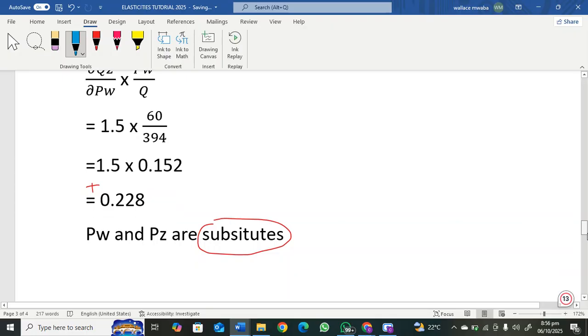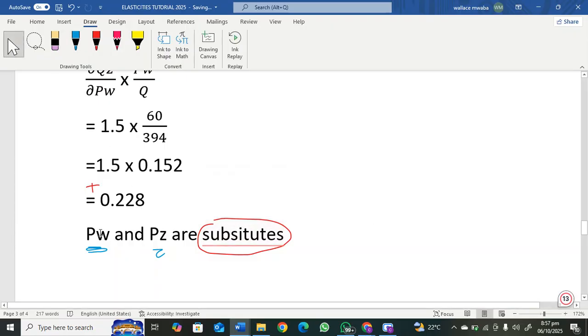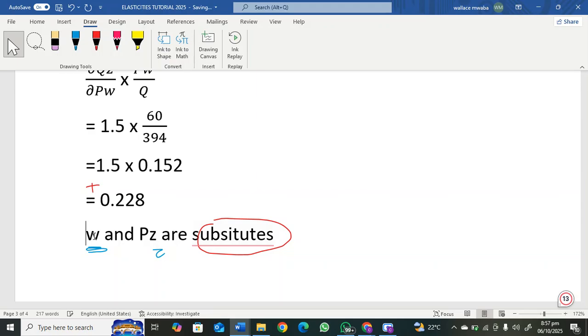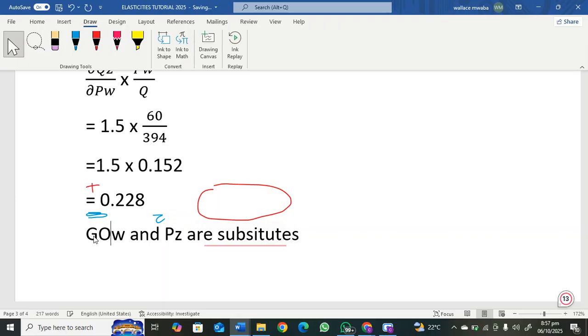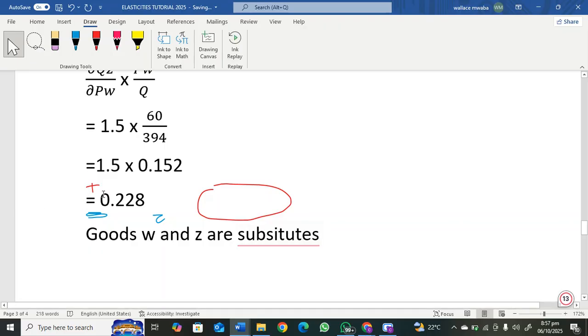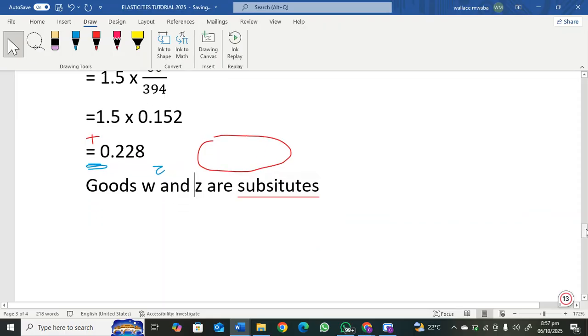And since we've got a positive value, you can say that goods W and Z are substitutes. If we got a negative sign, then it means they are complementary goods. Any questions?